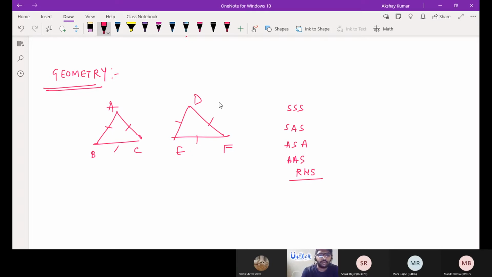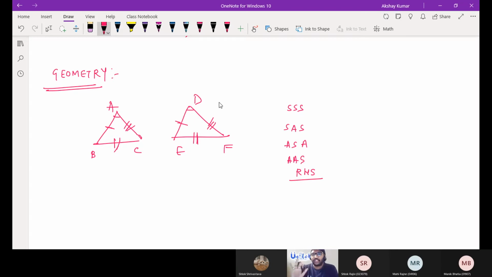If I show AB equals DE, BC equals EF, and AC equals DF, then the triangles are congruent. Now, what about the angles? I can also say angle A equals angle D. How can I say that? By the statement CPCTC.